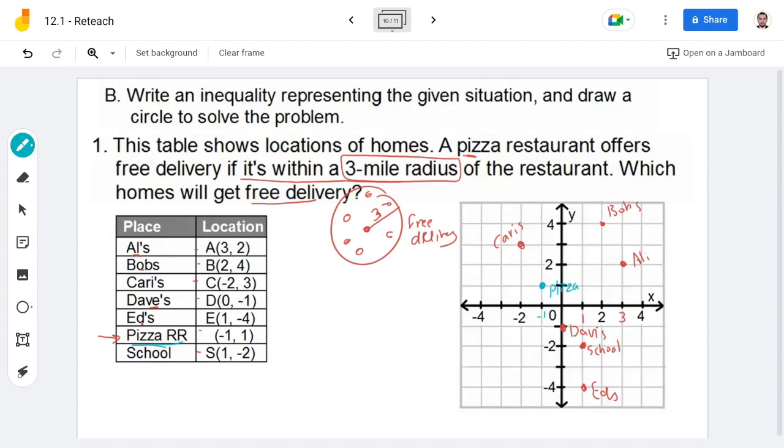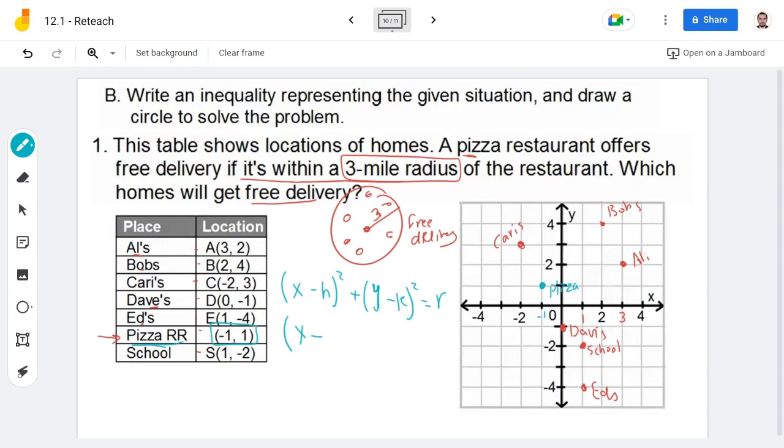To draw the circle, I need to identify the equation. The equation is (x minus h) to the power of 2 plus (y minus k) to the power of 2 equals r squared. As you can see here, always the opposite sign.